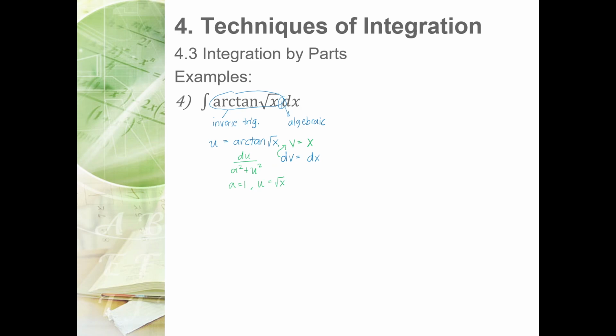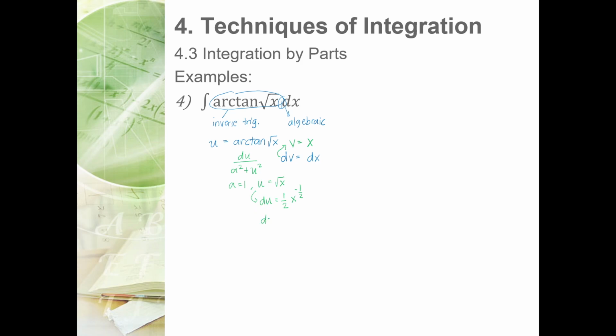Okay? So if we try to look for du, it would be equal to 1 half x to the power of negative 1 half, di ba? That would be our du. Okay, sakto, di ba?